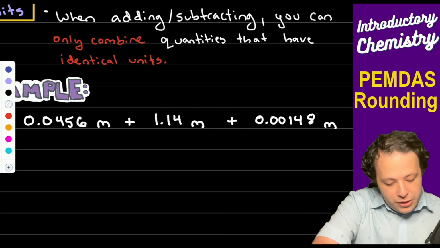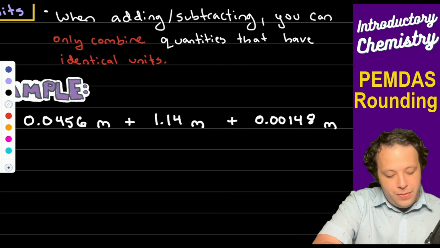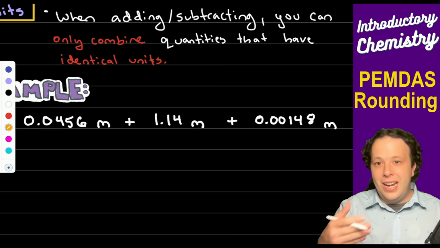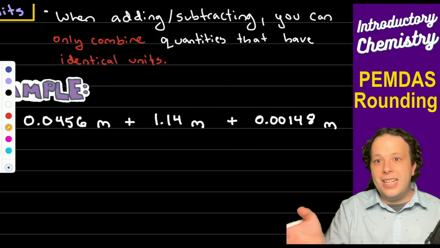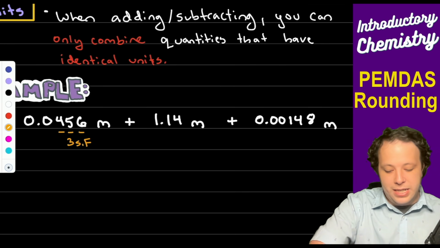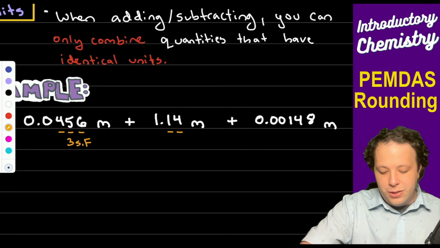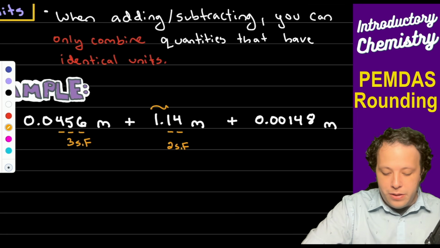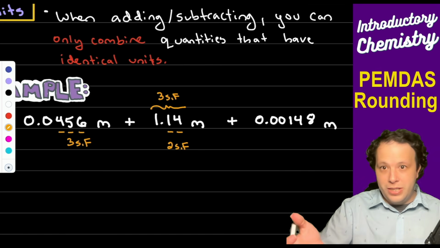Now, earlier I mentioned that we have to make sure that we are counting how many significant values are after the decimal, and that's what's going to affect our rounding. So for this first number, we have 3 values past the decimal. This next one, we have 2 sig figs after, even though this entire number, keep in mind, is 3 sig figs, so the whole number is still 3.